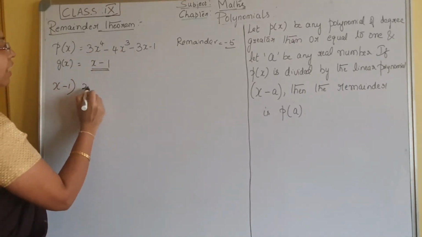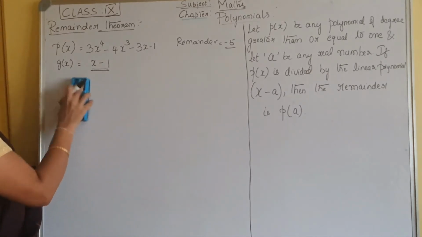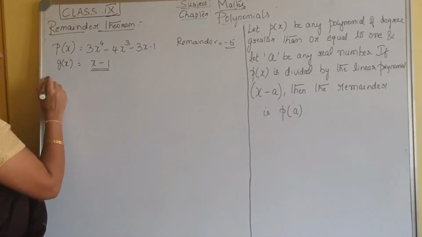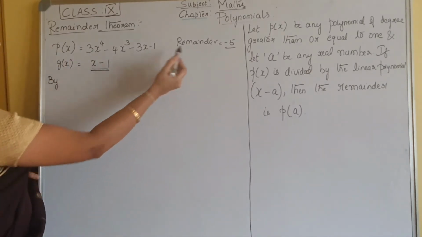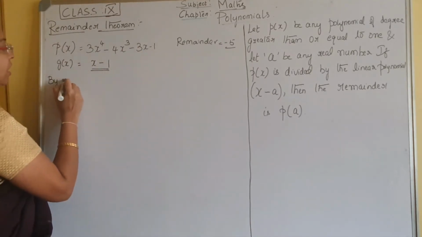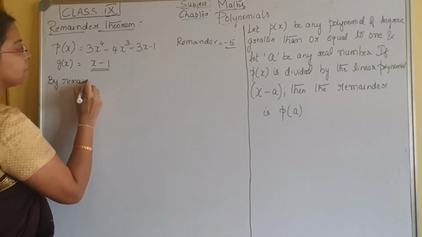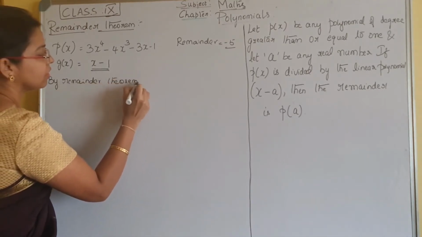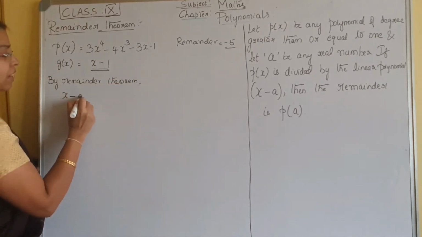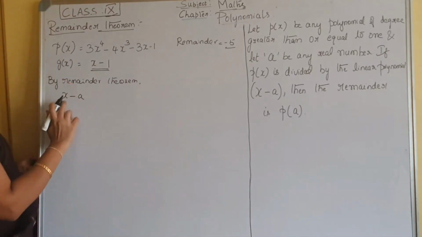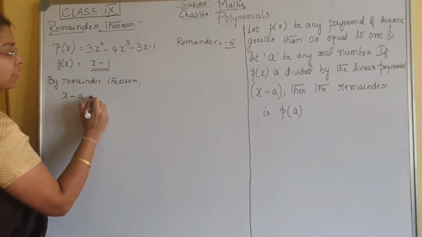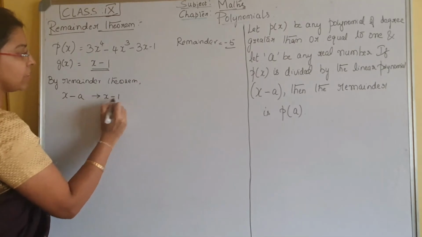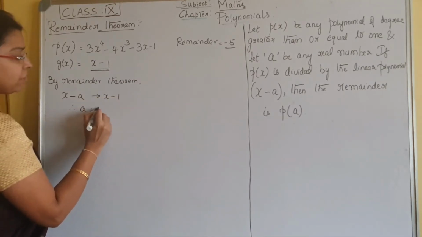By the long division method we got the remainder as -5. Now we apply the remainder theorem. The first step is to compare g of x, x minus a, to x minus 1. Therefore, the value of a will be 1.